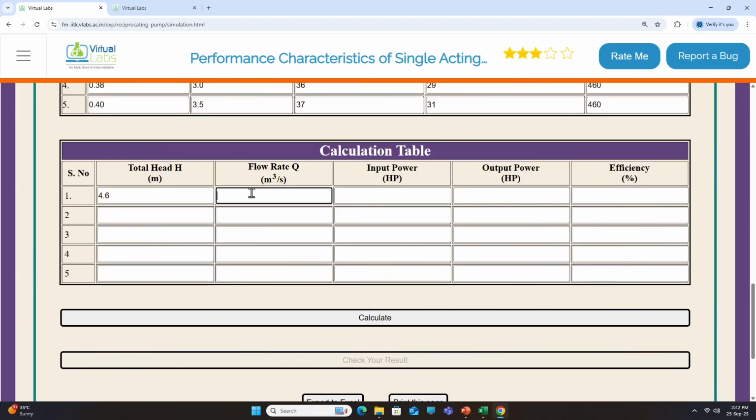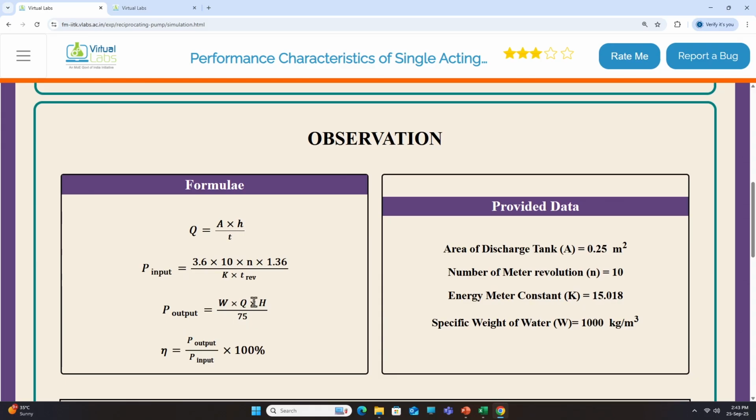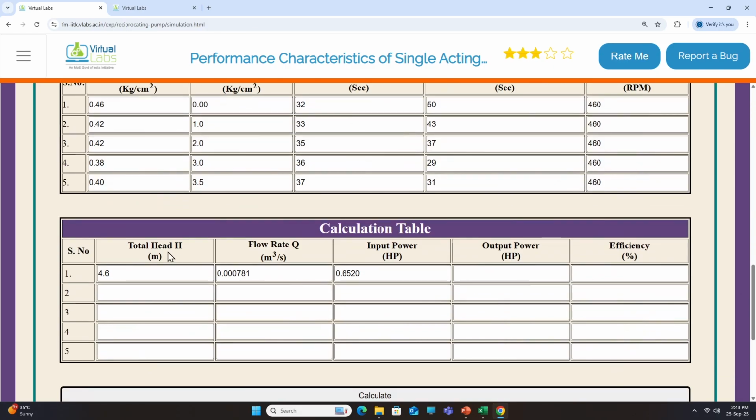Flow rate that we have calculated is 0.000781. Input horsepower we have calculated is 0.6520. Output power is calculated using the relation W into Q into H by 75, where W is the weight of the water, 1000, Q is the flow rate we calculated, 0.000781, and H is the total head, 4.6 here.